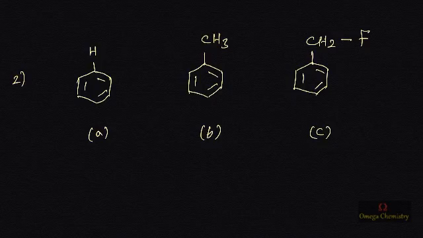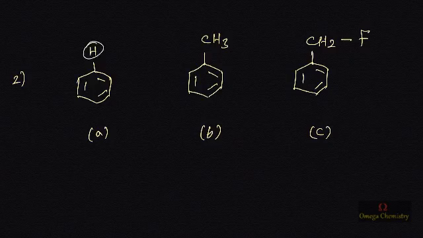Now let us take another case, right? Here in the first case I have benzene, in the second case I have toluene, and in the third case fluorine substituted toluene, right? Now what will be the conjugate base that will be generated after the release of H plus? Let us understand hypothetically.